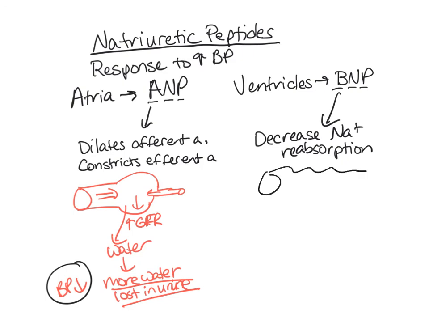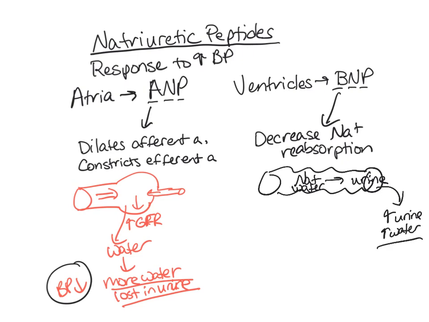So if in the tubules sodium is not being reabsorbed and sodium ends up going in the urine, water is going to follow along with the sodium, so we get an increased urine output because we get increased water being lost. And whenever you lose water, again, you decrease blood pressure. So when you lose water in the urine, you're decreasing blood pressure and you're decreasing blood volume.